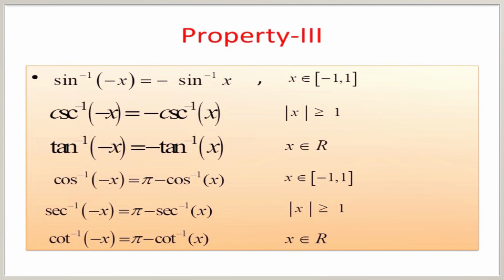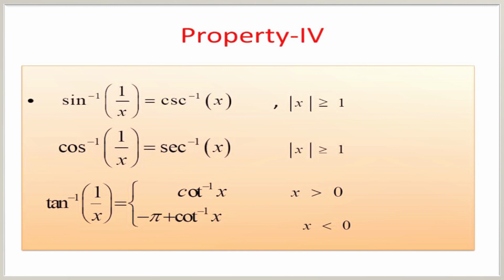Tan inverse of minus x is minus tan inverse x, x belongs to R, but cos inverse of minus x is pi minus cos inverse x, you can note it. So, cos inverse minus x is equal to pi minus cos inverse x. So, for three inverse trigonometric functions, cos inverse minus x, sec inverse minus x, cot inverse minus x, all are pi minus that inverse trigonometric function, and restrictions are on your screen.